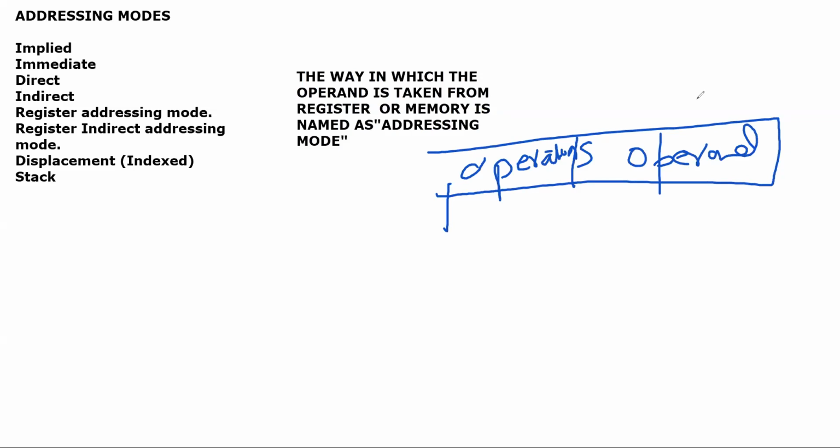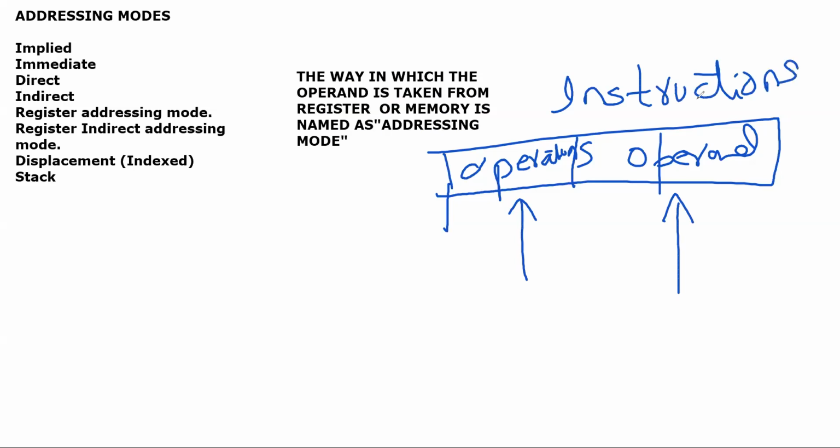So in every instruction, we have two things: operation and operand. The microprocessor executes the instruction stored in the RAM, one instruction at a time, and each instruction contains operation and operands. I hope you got this point. So what is operand? What is operation? Let's discuss one by one.